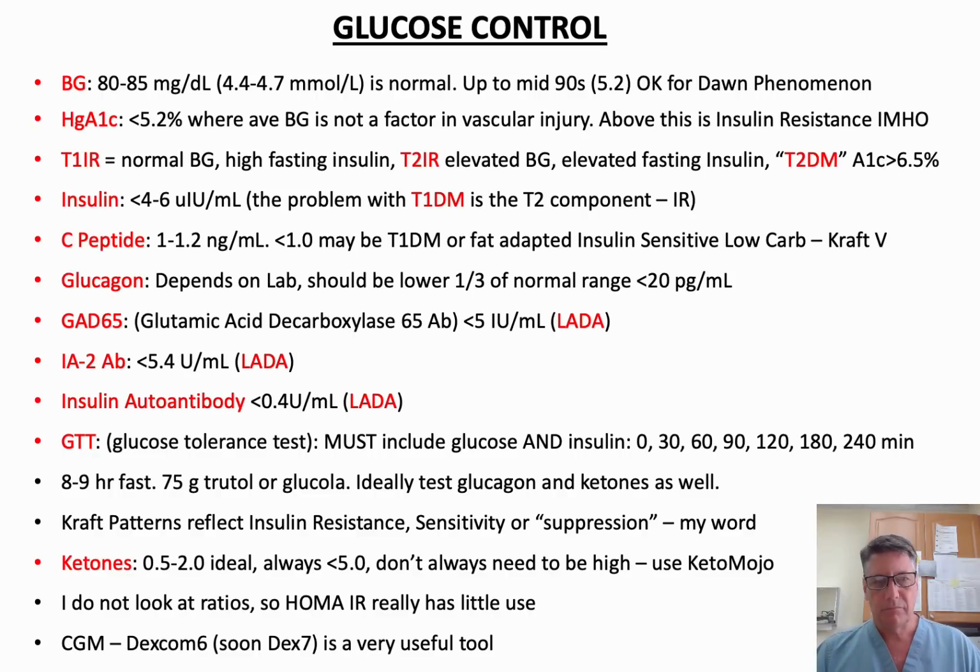In fact, if you look at insulin resistance, I personally have divided it, as I look at my patients, into two separate types. At first, we have type 1 insulin resistance, where we see relatively normal blood glucose, but a high fasting insulin. So the pancreas is having to work harder to normalize that blood sugar.